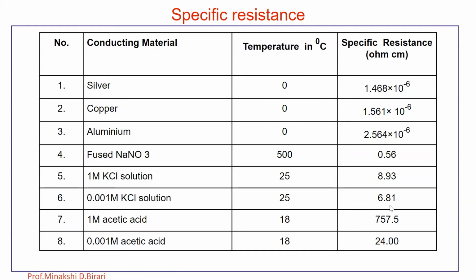So these are the specific resistances of some conductors, and this table shows that the specific resistance of metals is much lower than those of electrolytes taken in fused forms or in the form of their aqueous solutions.